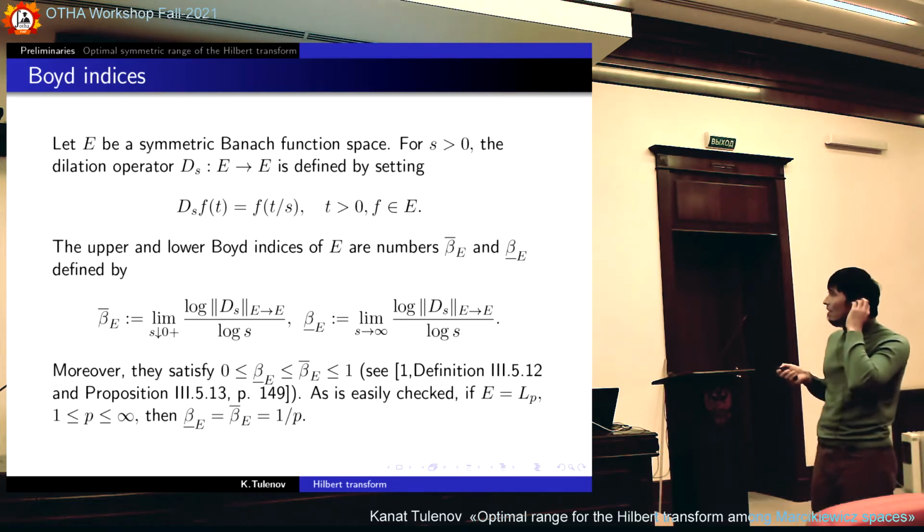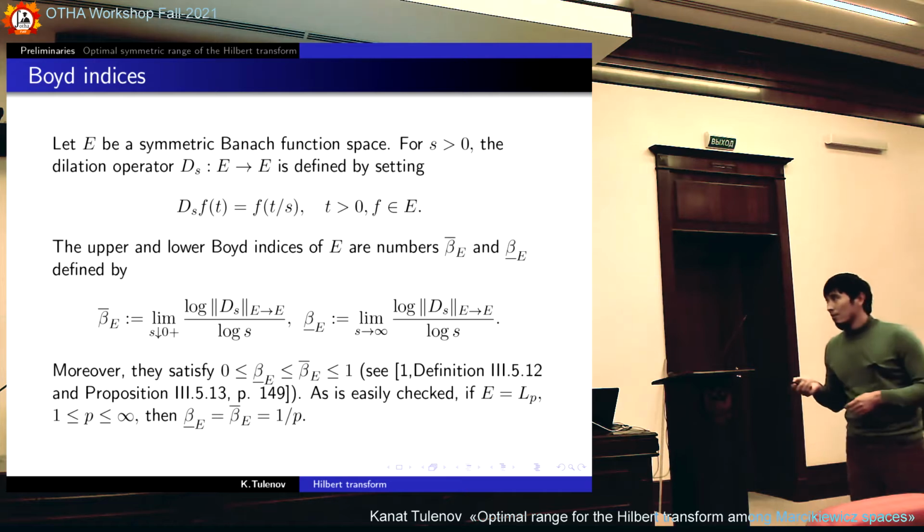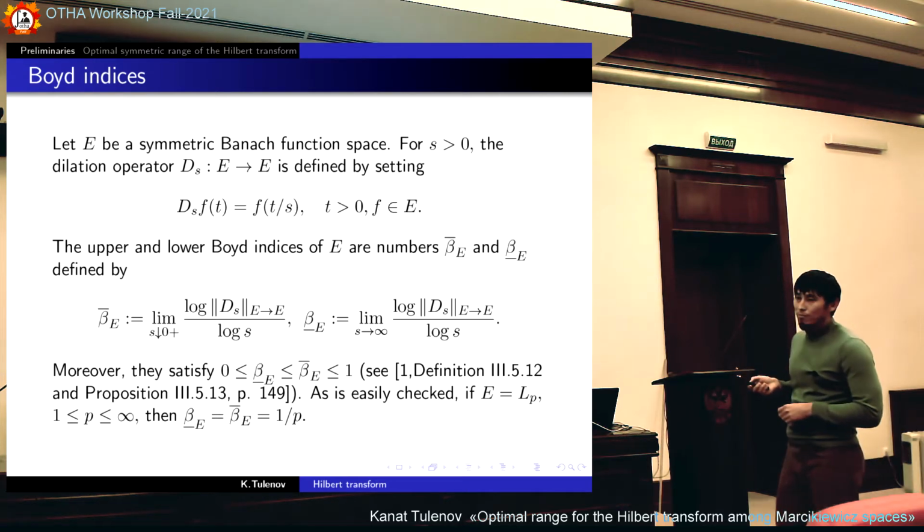These limits exist for any symmetric space E. Moreover, they satisfy this inequality. It is easily checked that if E equals the L^p space, then the upper and the lower Boyd indices equal 1 over p.